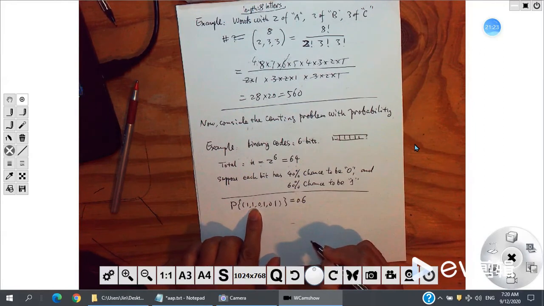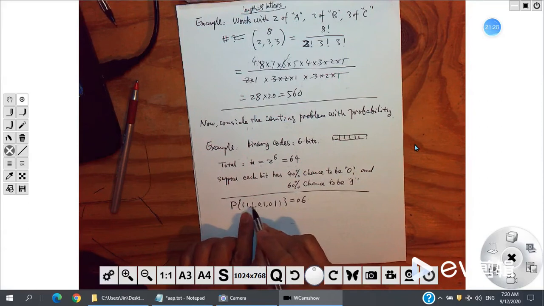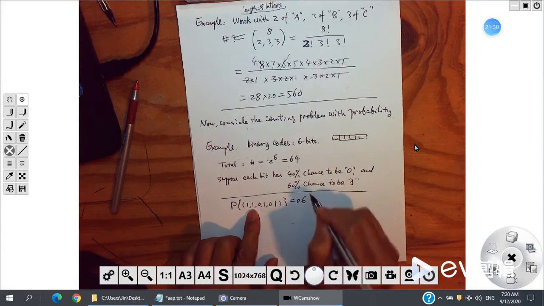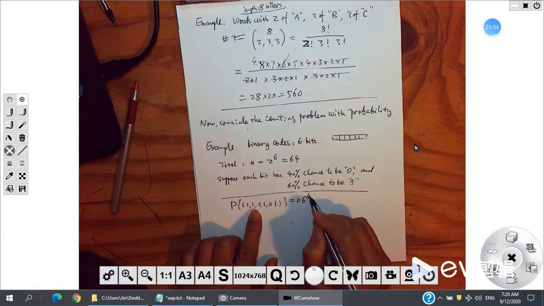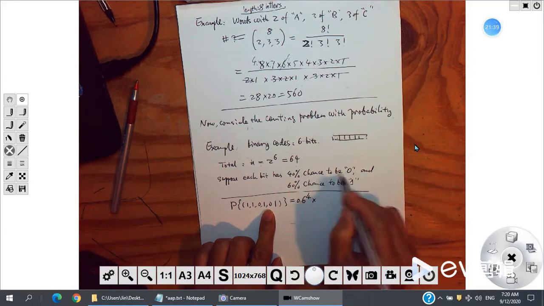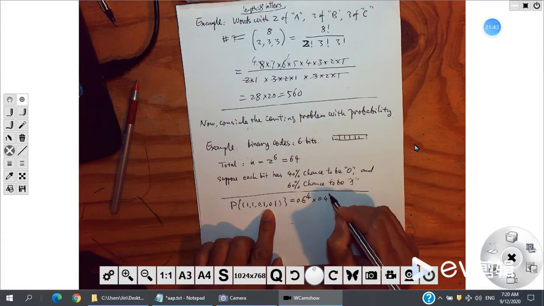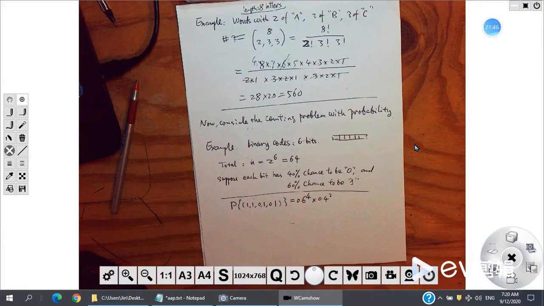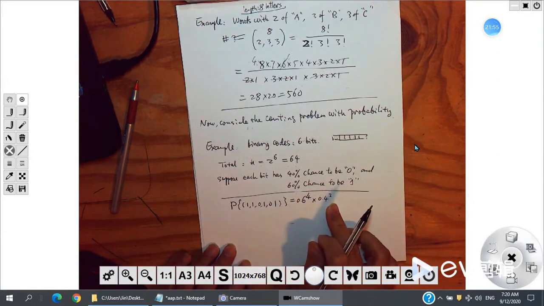Second location we got 1, so another 0.6. Totally we have 4 locations where the probability of each is 0.6, right? 4 of it. And 2 locations I have 0, so the probability for 0 is 0.4. So this will be the probability you have this code.